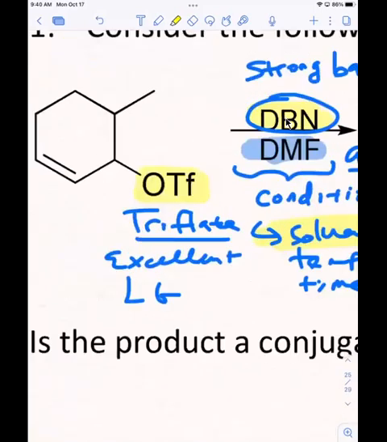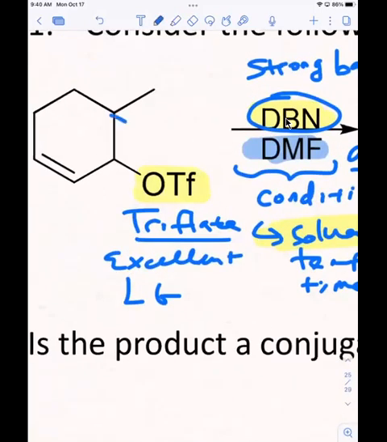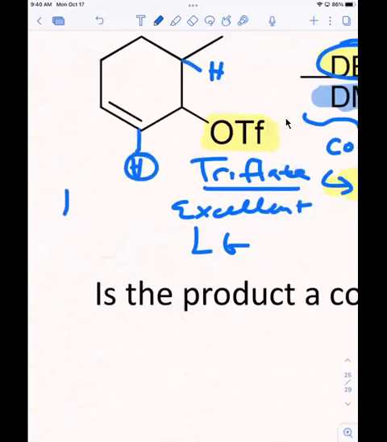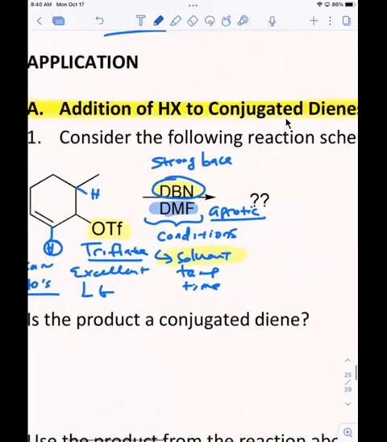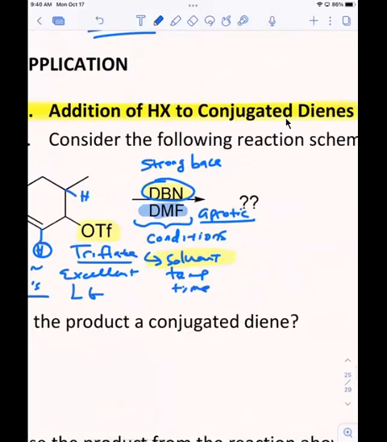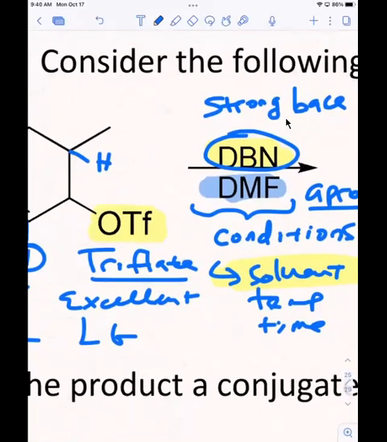You said to the left, so right here. Yeah, this is alpha, but it's not acidic. Well, it's not as acidic. This has a pKa probably in the 40s. It's too high for that base. And if you pull it off, it's just not stabilized. So we're going to only be looking at this site right here.